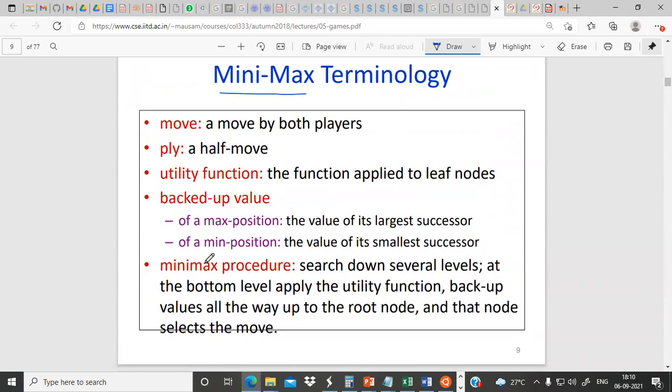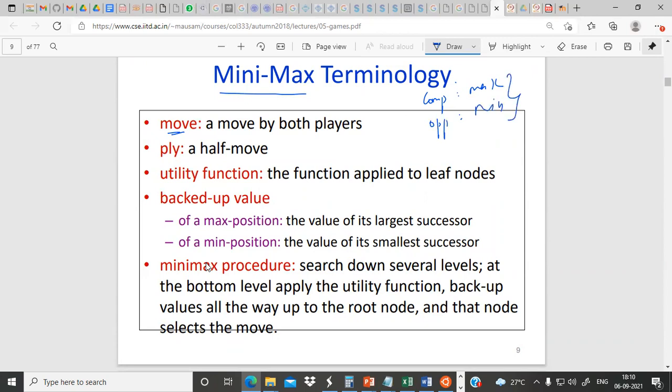In the minimax algorithm, what we call a move is when there is a move by both the players. For example, first it is the computer's turn, so it performs max. Then it is the opponent's turn, so it performs min.